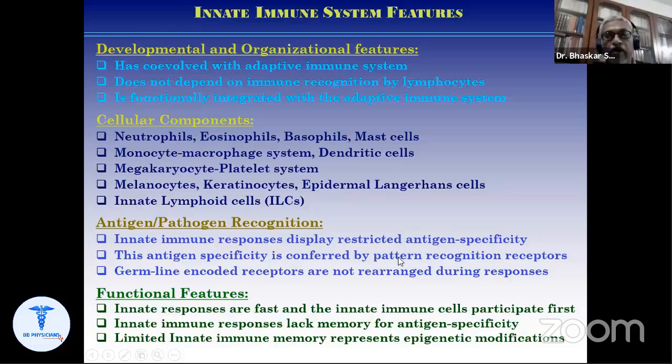So we can find that there is B cell affinity maturation, antibody affinity maturation, which does not happen in the case of toll-like receptors. And functional features: innate responses are fast.